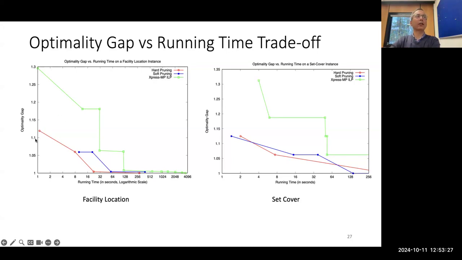And this is the trade-off between the optimality gap and the running time that we get with FICO Xpress MP, with this green curve. This shows the solutions as we get while the solver is working on it. And we see that with our hard pruning and soft pruning approach, we get a much better trade-off. These are minimization problems, so the trade-off on the bottom left side is a better trade-off. And we see that our hard pruning and soft pruning approaches actually give us a better trade-off.